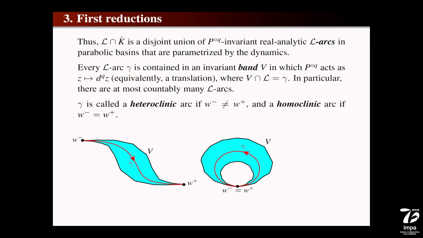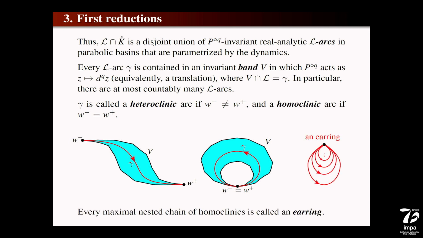The two endpoints of an L arc could be different, W minus and W plus could be different, in which case we call it a heteroclinic arc. Or they could coincide, forming a loop, in which case we call it a homoclinic arc. And every maximal nested chain of homoclinics is called an earring, for good reason.